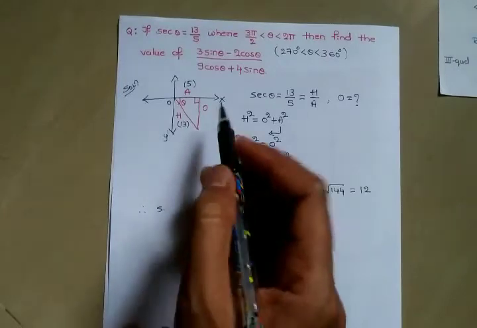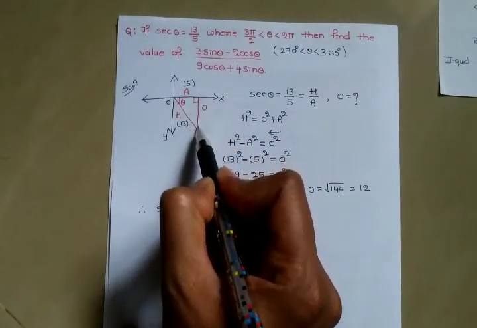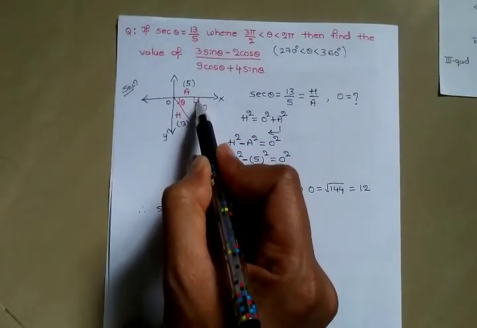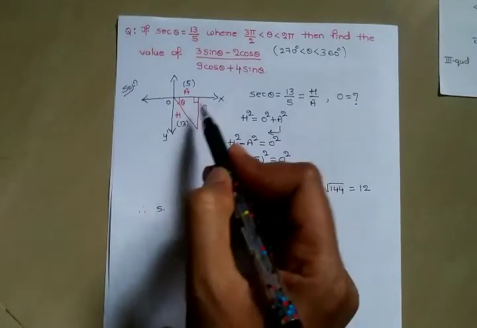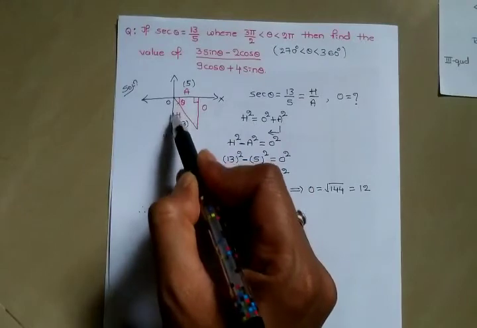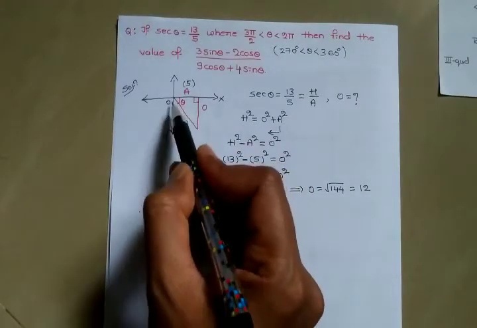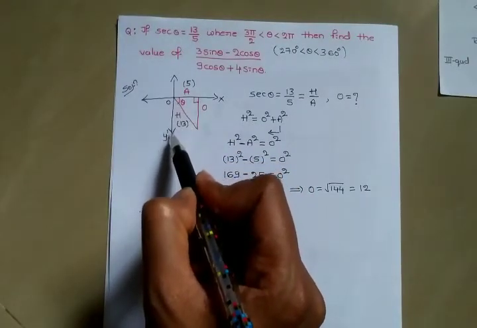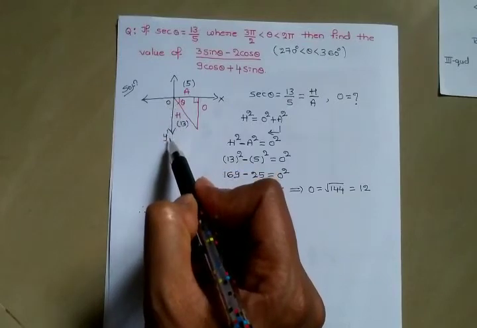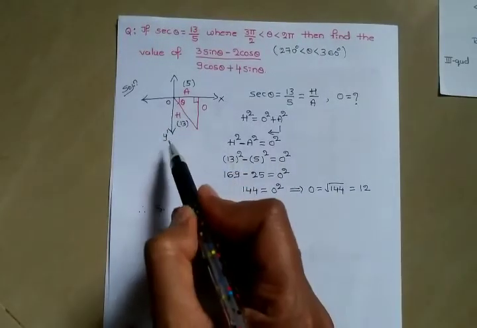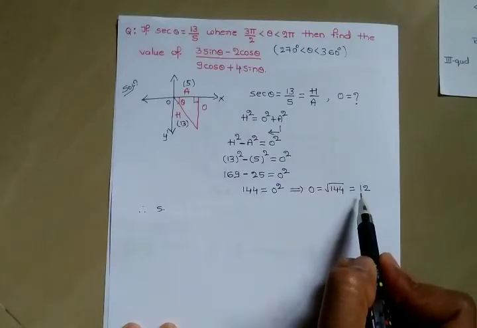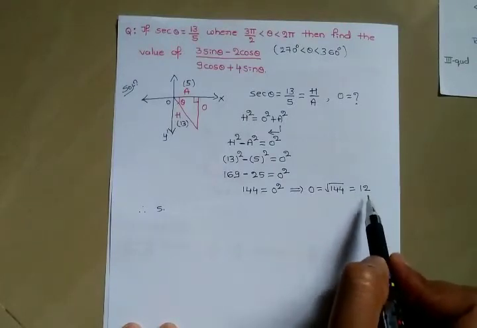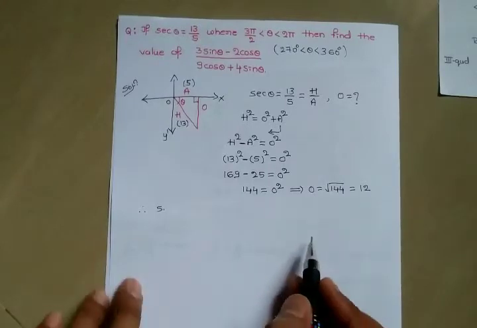But remember, this opposite side is parallel to which axis here? Y dash. Yes or no? So this opposite side is parallel to Y dash. If you go in the Y dash axis, all the values are what? Negative. Correct.